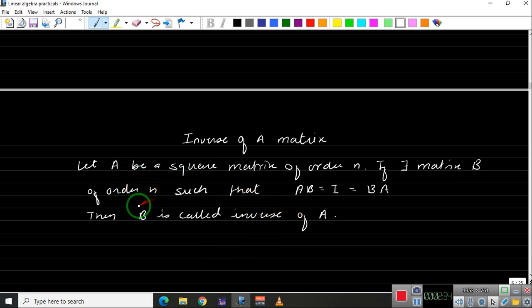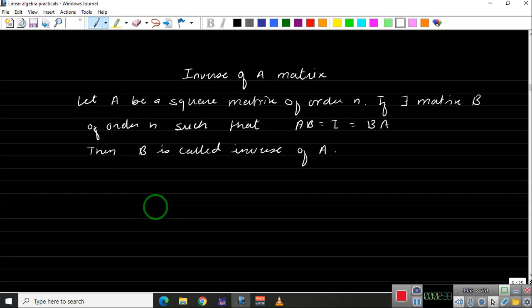Then we have the theory of invertible matrices, like A is invertible if and only if determinant of A is not equal to 0, and then we again have the formula to get the inverse of a matrix. This we have seen when we wrote the Python program for getting the inverse. The formula is A inverse is equal to 1 upon determinant of A into adjoint of A. How do we get this?